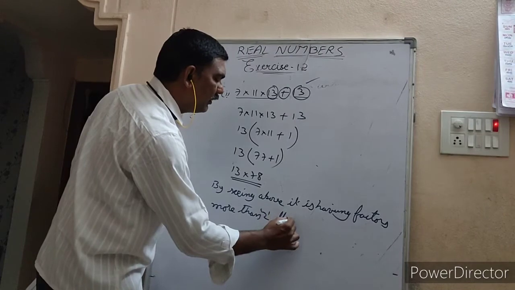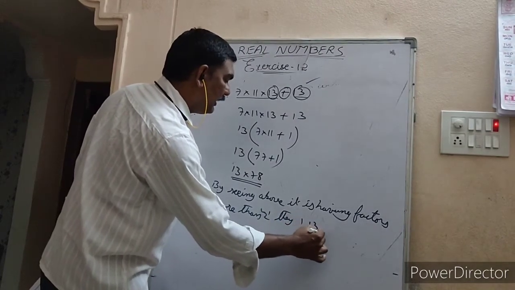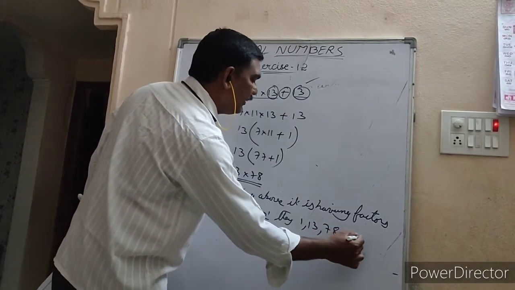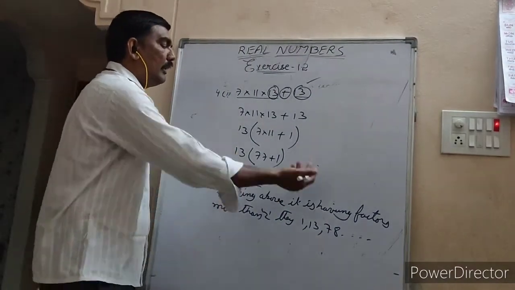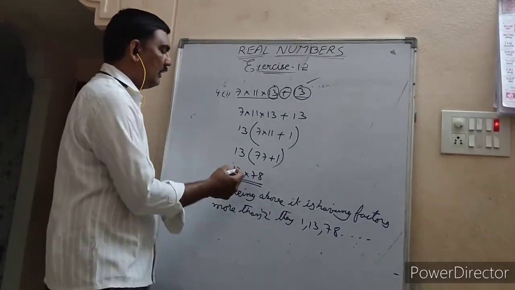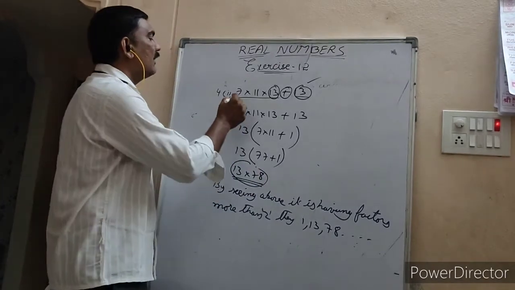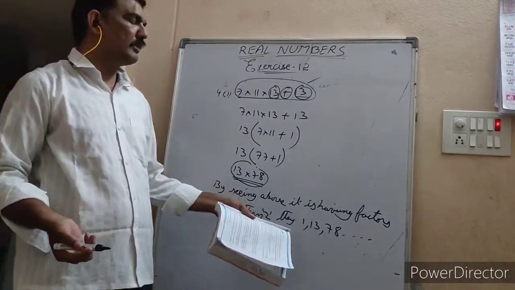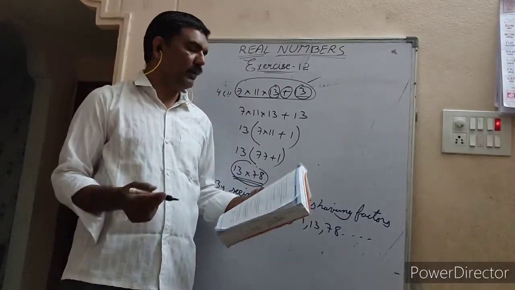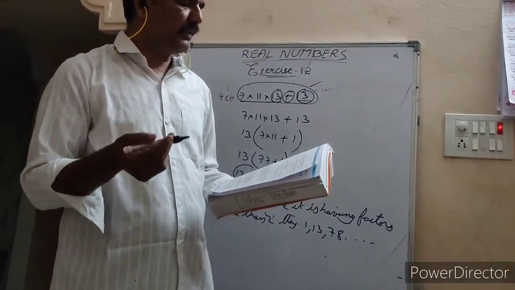They are 1, 13, 78 and its product. So since they have more than 2 factors, this entire number is which number? It is not a prime number, so it is a composite number. Similarly, you do the next one.